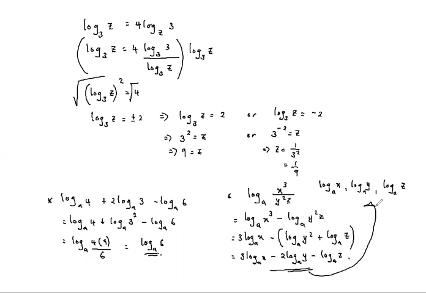I have a question. Is there no simpler way to solve those logs? No, this is the simplest way of solving them. Where is it simple? I mean, why do you think it's hard?